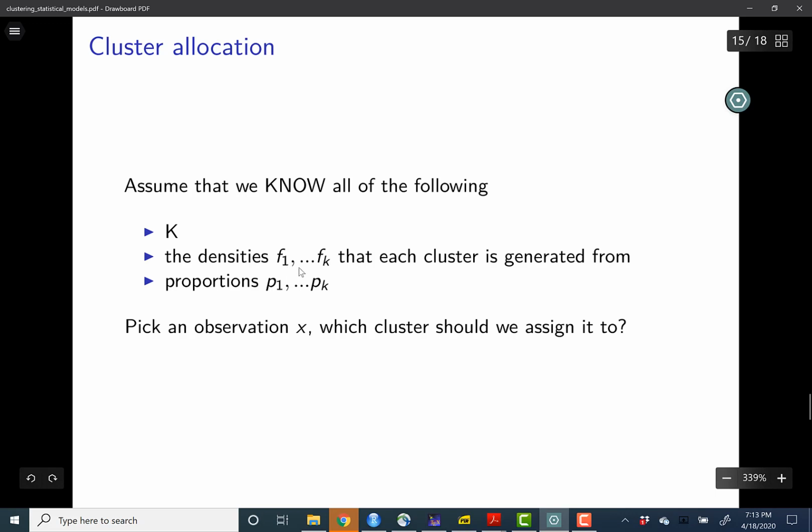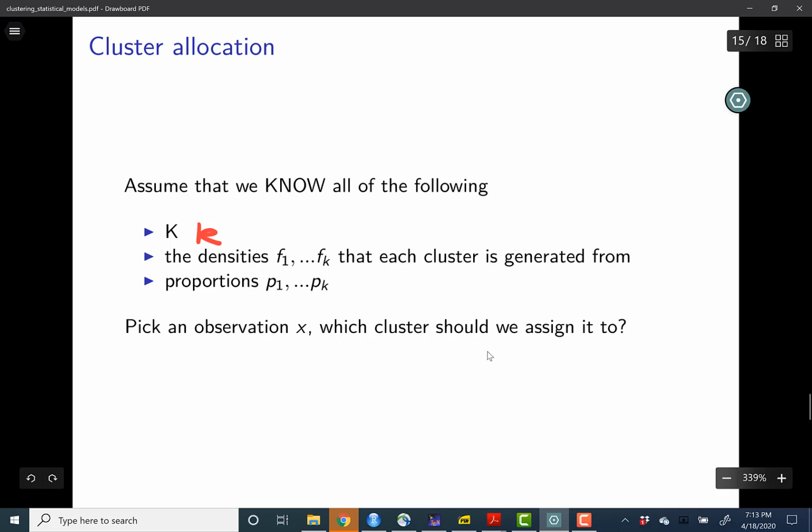For F2, we know exactly that the mean is 10 and the variance is 1. So we know everything about these distributions. We also know these proportions. I might have switched between small k and capital K, but most of the time k just stands for the total number of clusters. So we pick an observation X.